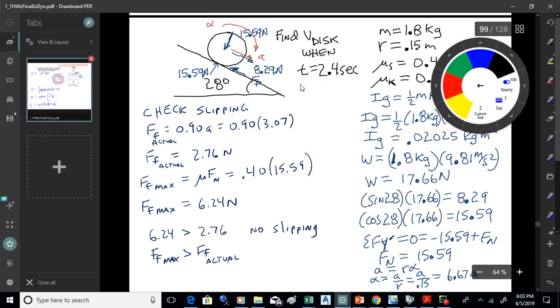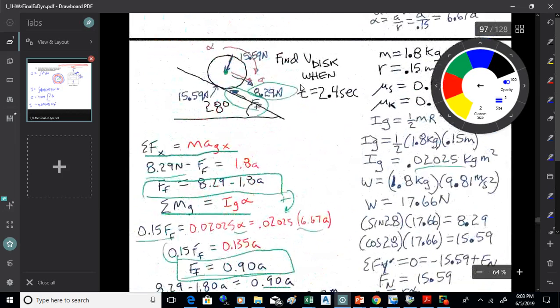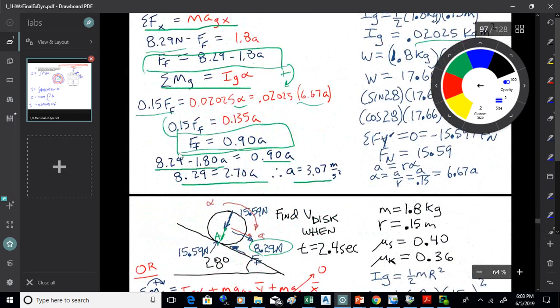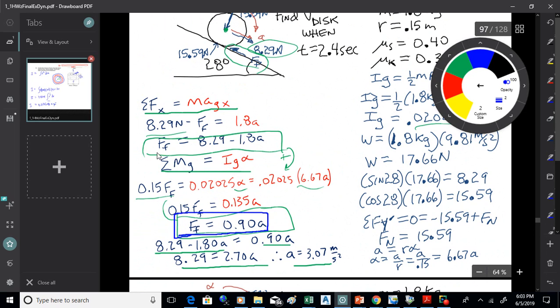So to check slipping, what we have here is the force of friction up here. Okay, we developed the equation here from the first approach, where we looked at mg equals Ig alpha. We could have also done it from this equation, but we do have to take one of the equations from this first approach to solve for the actual friction.